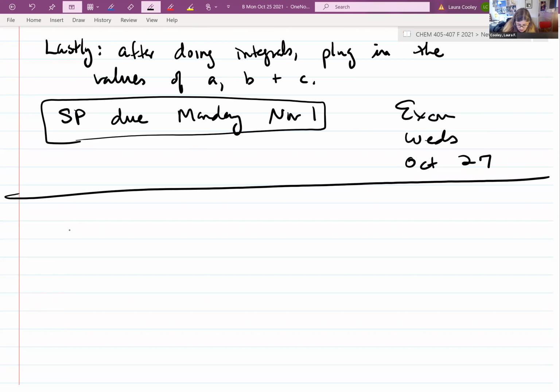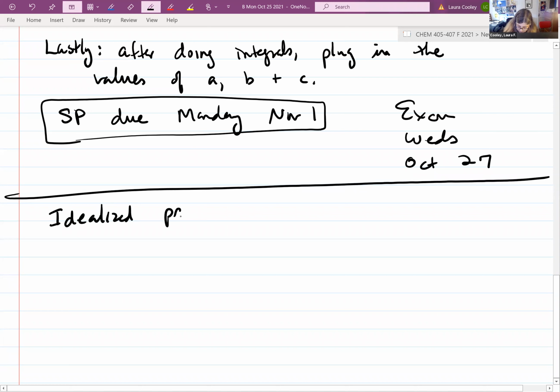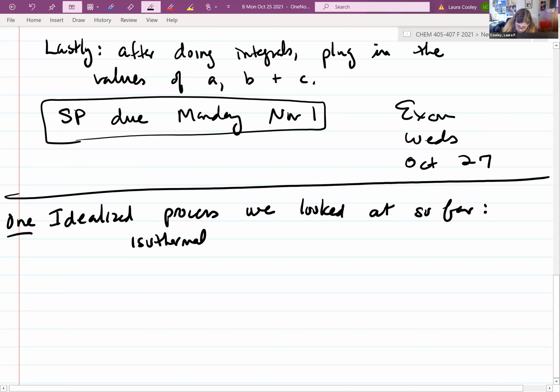So one idealized process that we looked at so far is the isothermal expansion. And actually, we then branched into 2 separate cases.